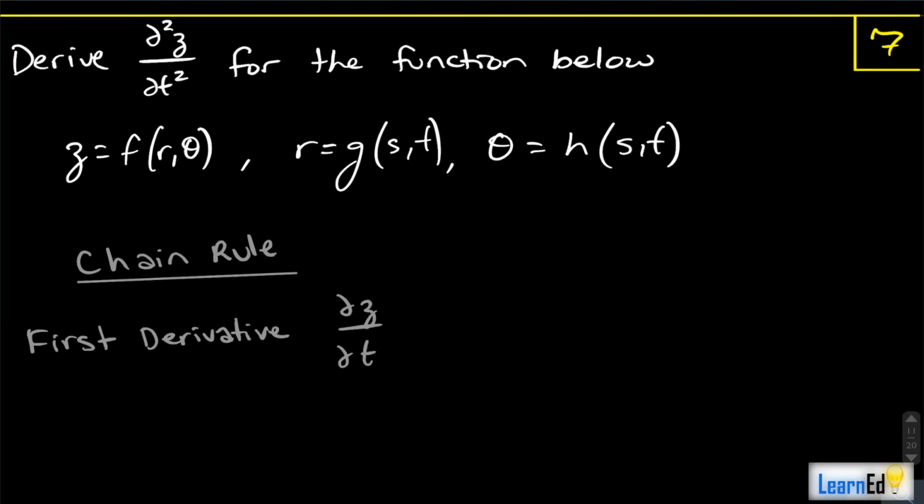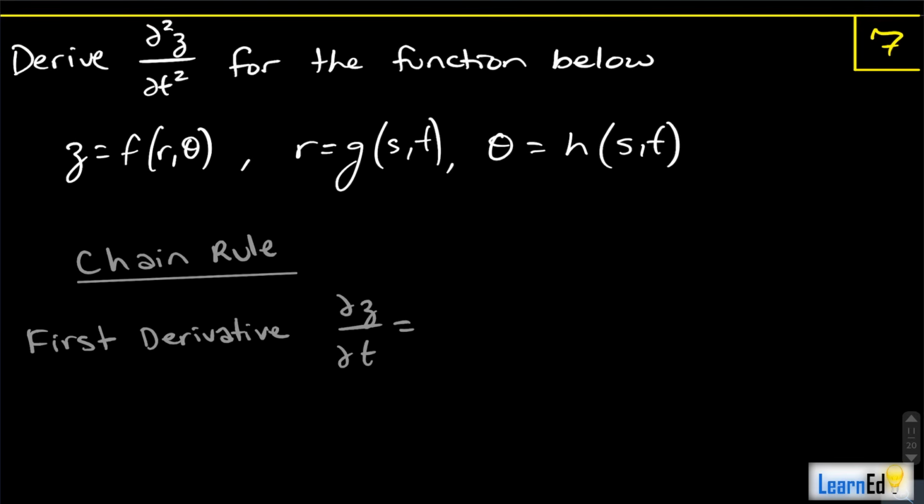So this guy is equal to, first off, we have z as a function of r and theta. r is a function of s and t. So to extract the t, first we have to go through this r, and we also have to go through theta.